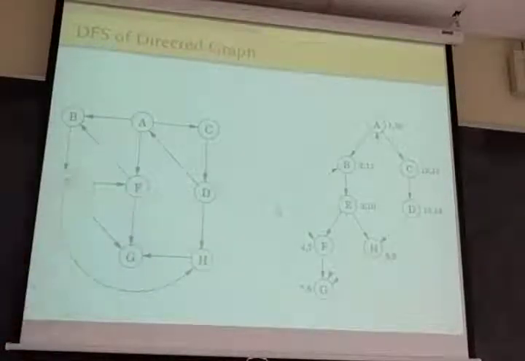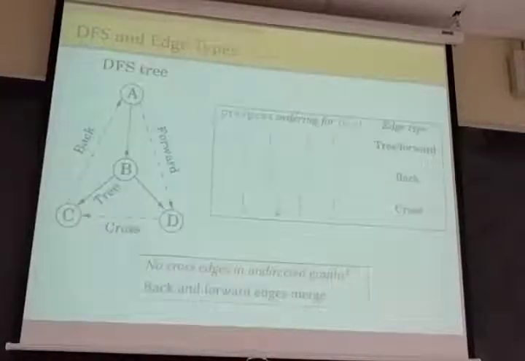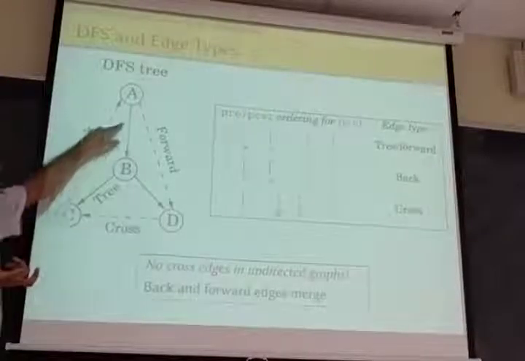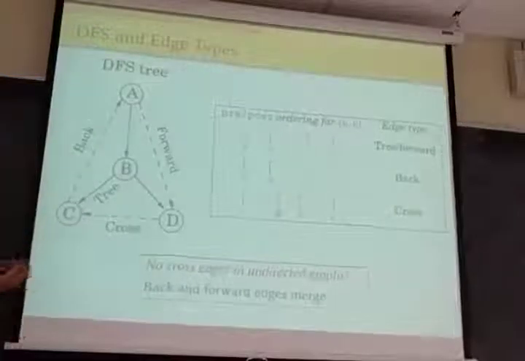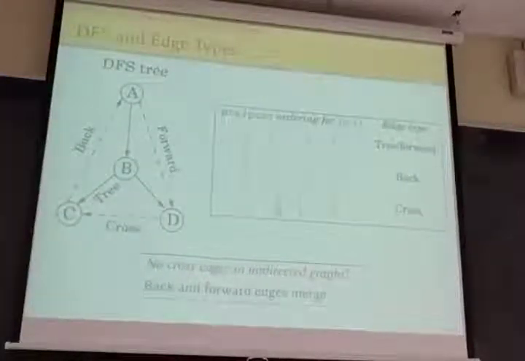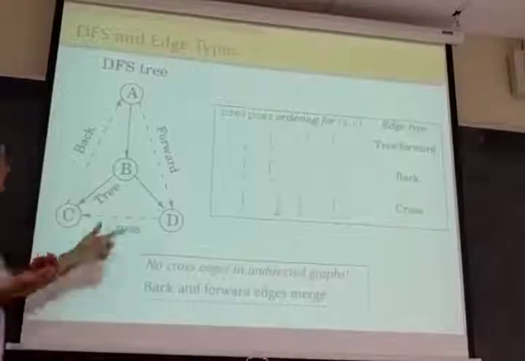So once again, the pre and post numbers are shown. That's the same thing as before. Okay. So now for a directed graph, we have three types of edges. You have a tree edge, which is shown solid, a back edge, which goes in this way.